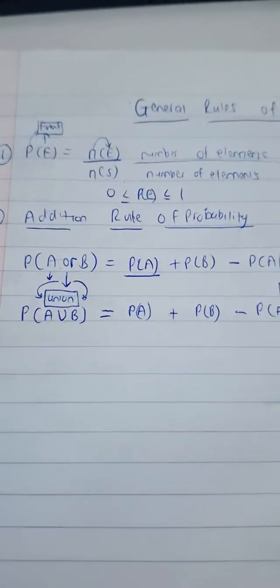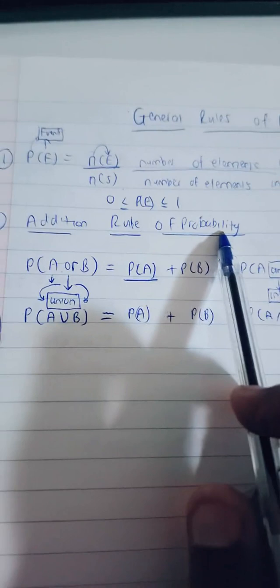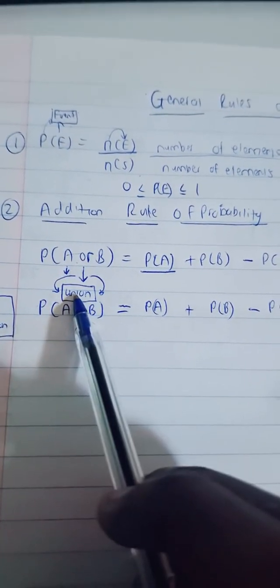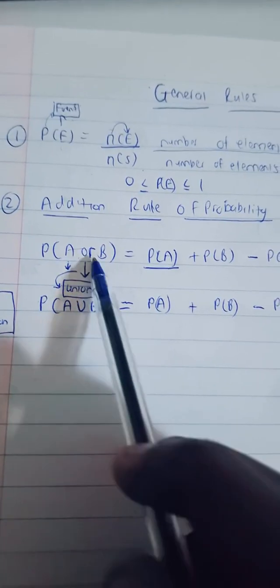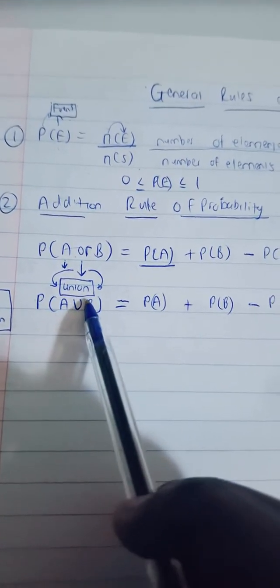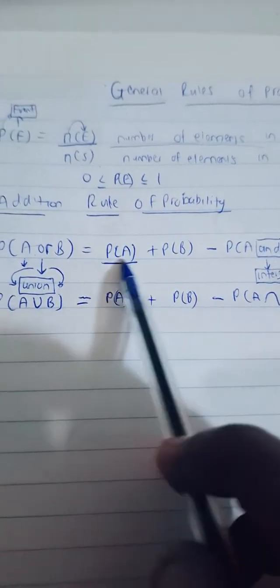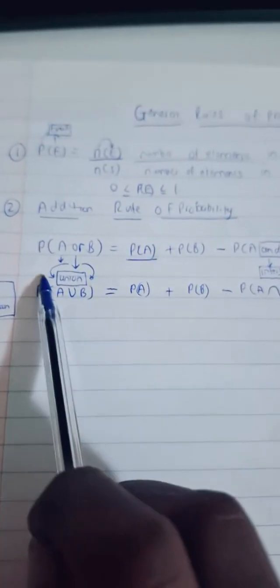This is very important, and it is what we call the addition rule of probability. The probability of A or B, remember, or means union, and in set notation we write or as the symbol U. The probability of A or B is equal to the probability of A alone plus the probability of B minus the probability of A and B. This is the alternative way in which we can write the addition rule.